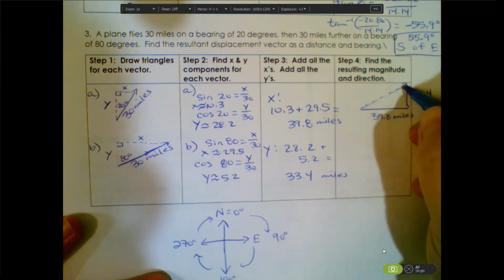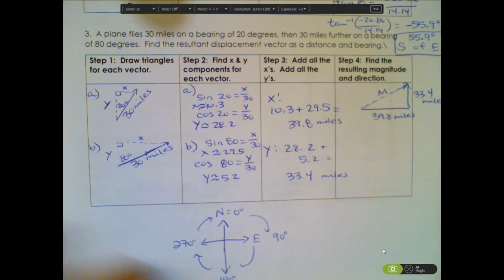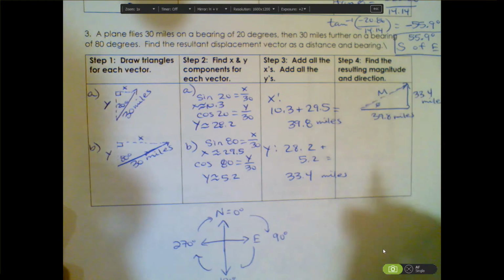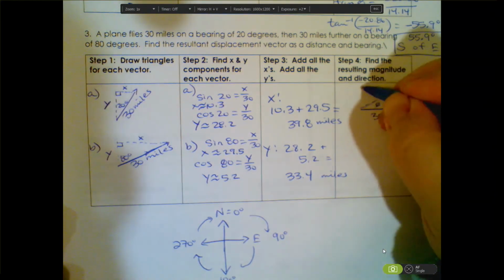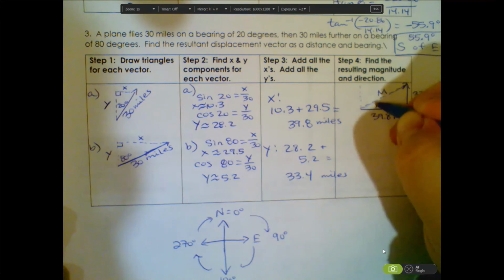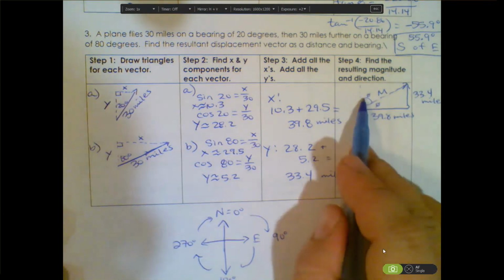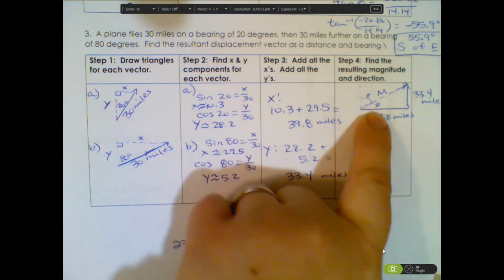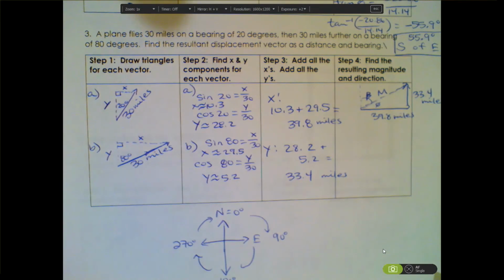So I need to know the magnitude, we'll call that M, and I'm going to need to know the angle here, but if I want to do the bearing, I'll actually need to know the angle from north. So to find the bearing, I actually want to find this angle over here. But we'll figure that out once we find the angle within the triangle. Let's call this B for bearing. Then we can find the other angle outside the triangle.